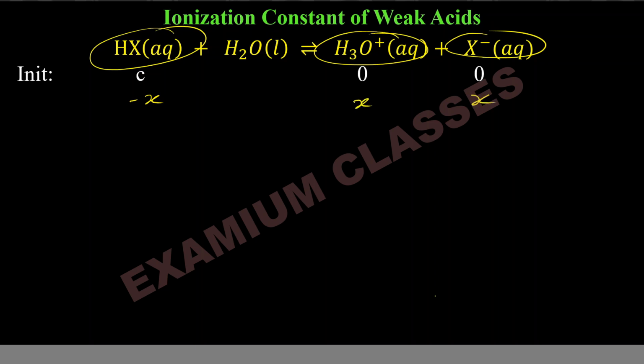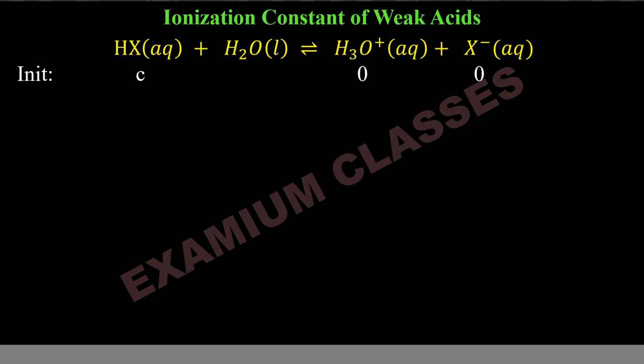Here slightly we will change the concept. However, it is same thing, right? We will write it differently. Instead of saying X, I will say how much part of it got dissociated. So suppose I have 1 mole of this weak acid and say 1/4 part got dissociated.